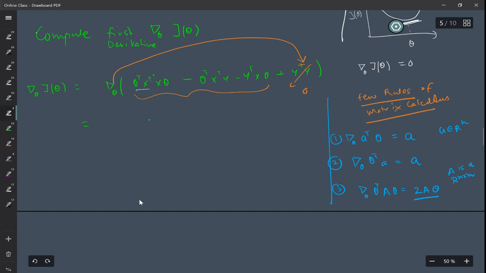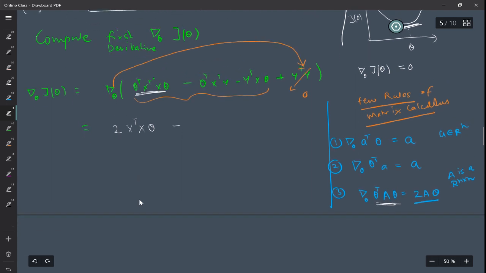So let us first see this term. This is very similar to the third rule, where A is nothing but x transpose x. So the derivative of this term is going to become 2 into x transpose x, and theta is the same.